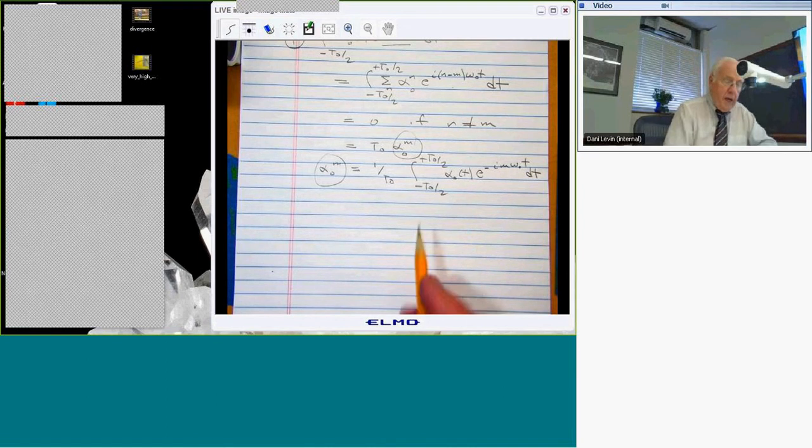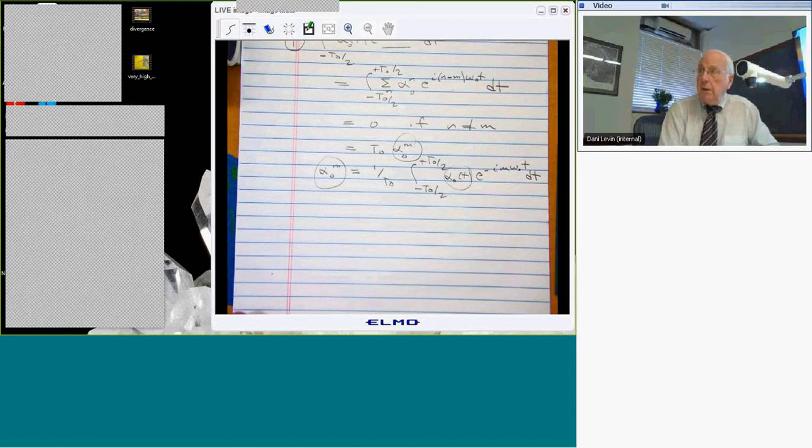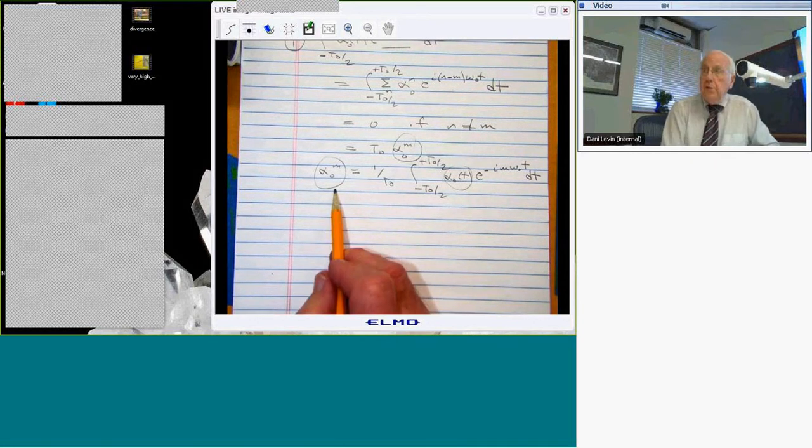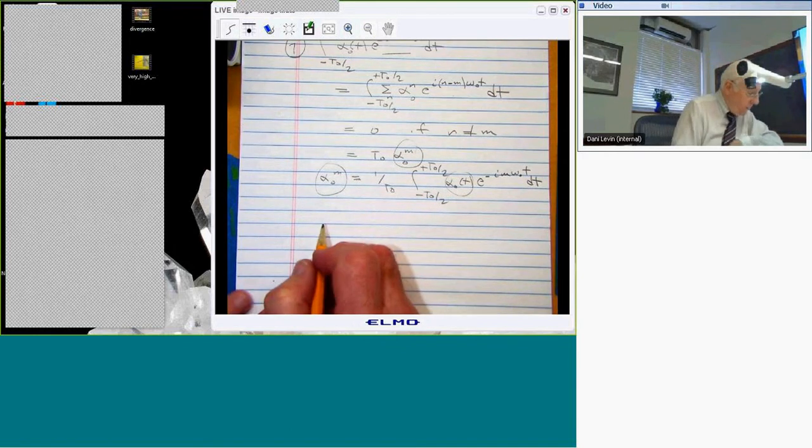So how do we play the game? You tell me alpha naught of t. I use this formula to determine the coefficients in the series, and then just remind you, I'll write equation 6 again.